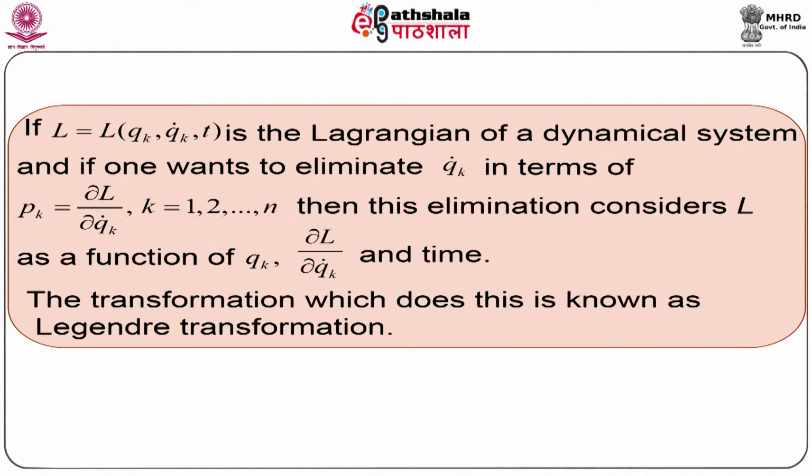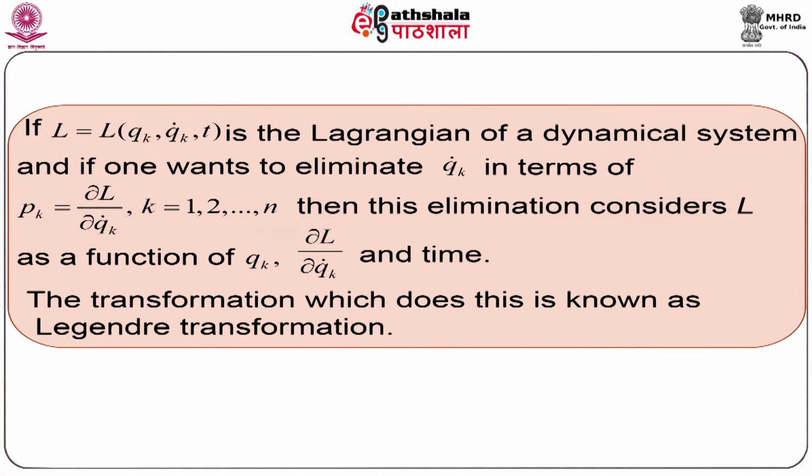If L, the Lagrangian of the system, is defined as L equal to L function of generalized coordinate qk, generalized velocity qk dot and time t, then we have pk equal to del del qk dot of L, k varying from 1, 2 up to n. Here pk is the generalized momenta, L is the Lagrangian, qk dot is the generalized velocity.